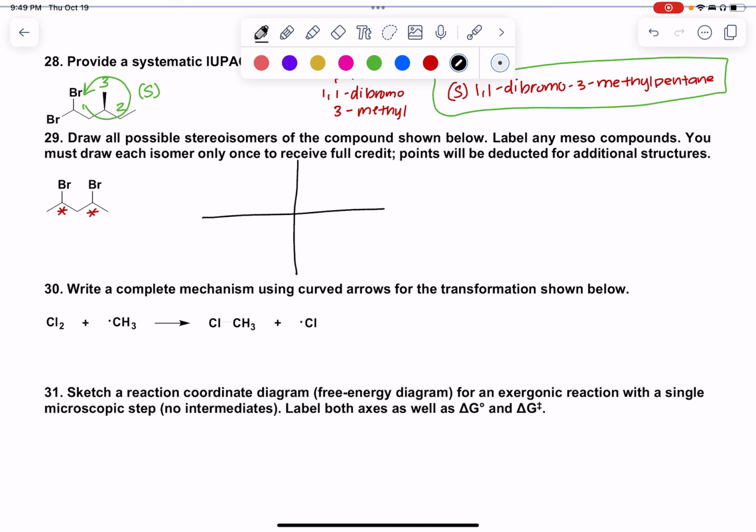And we know that our chiral centers equal n, and 2 to the n equals the maximum number of diastereomers.